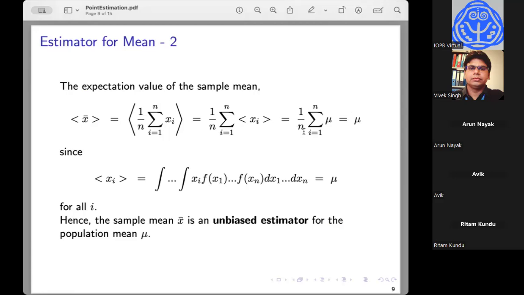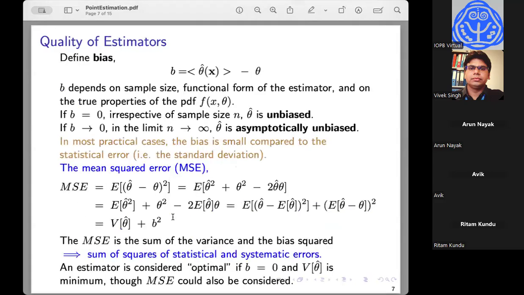So we saw earlier that if this is the case, then x bar is an unbiased estimator. We define the bias as the mean of the estimator minus the actual value of the parameter.